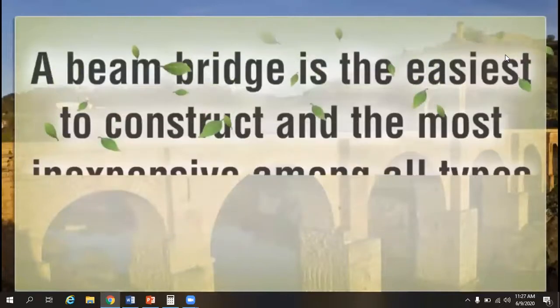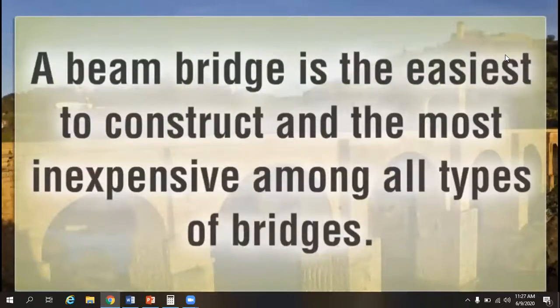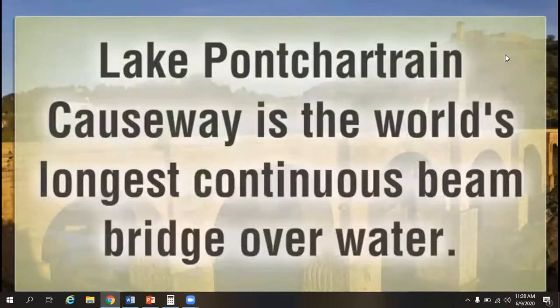A beam bridge is the easiest to construct and the most inexpensive among all types of bridges. It has a limited span though. The longer a beam bridge, the weaker it is. Lake Pontchartrain Causeway is the world's longest continuous beam bridge over water.